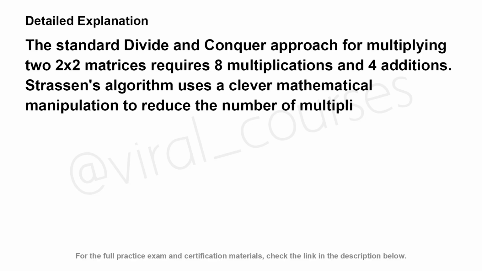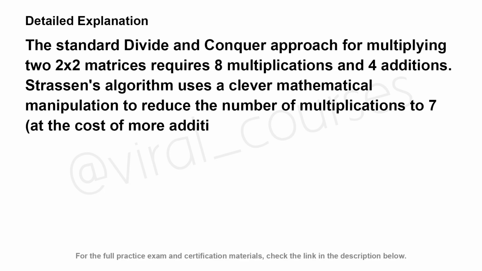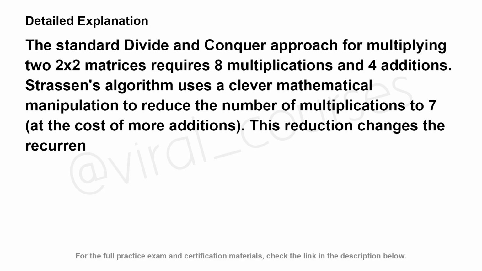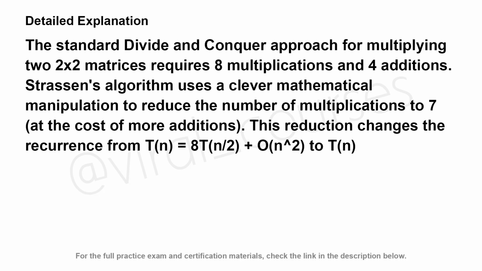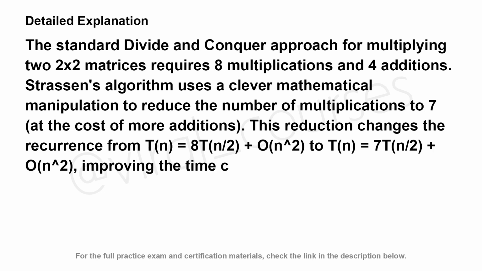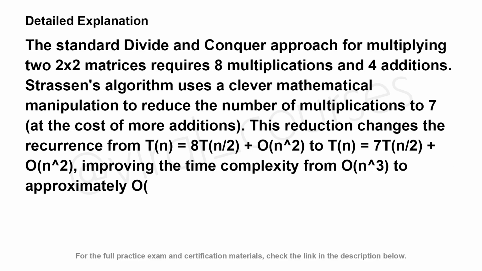This reduction changes the recurrence from T(N) = 8T(N/2) + O(N^2) to T(N) = 7T(N/2) + O(N^2), improving the time complexity from O(N^3) to approximately O(N^2.81).